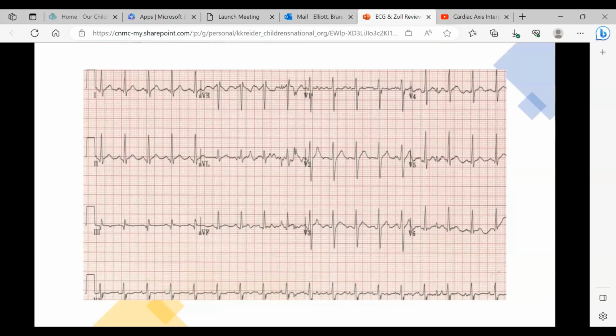Okay. What did you think about 1, 2, and AVF, Lakin, with the axis? Normal, right, or left?